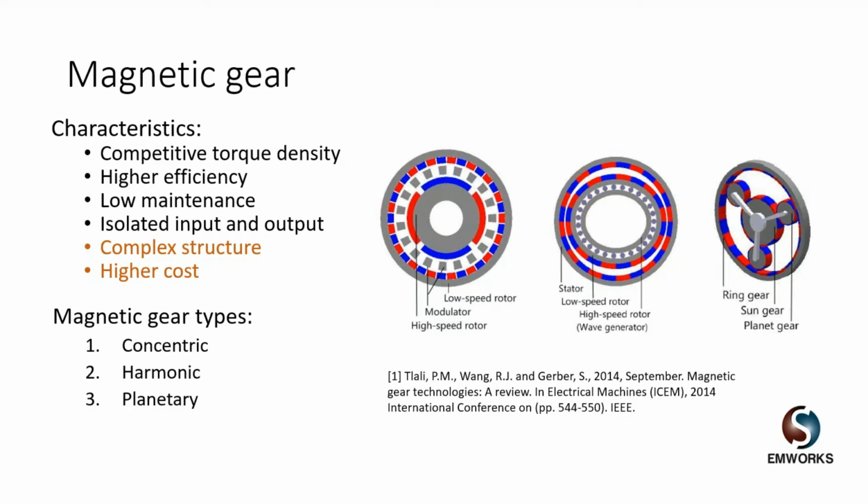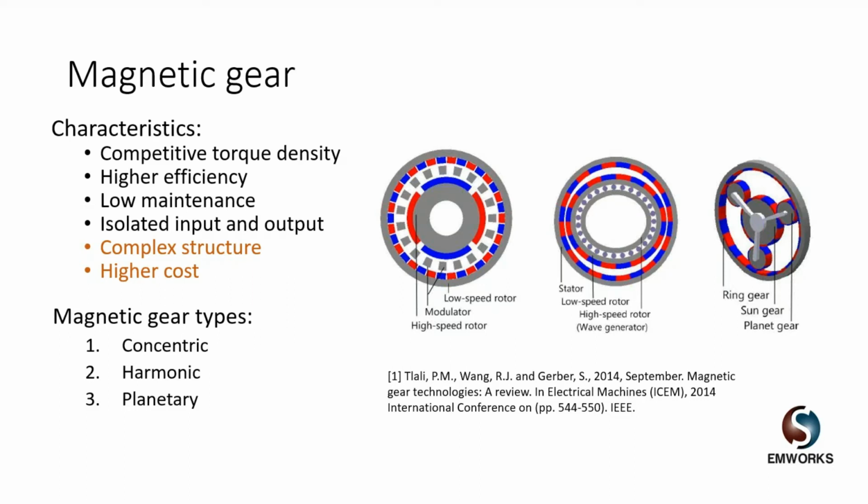For example, some micro electromechanical systems would benefit from having very small gearboxes, and in those cases magnetic gears would come up with a bit higher torque density than mechanical gears.